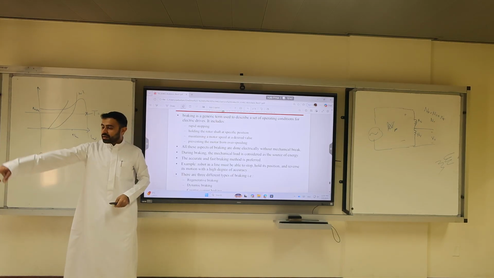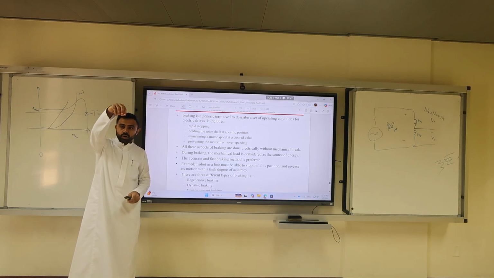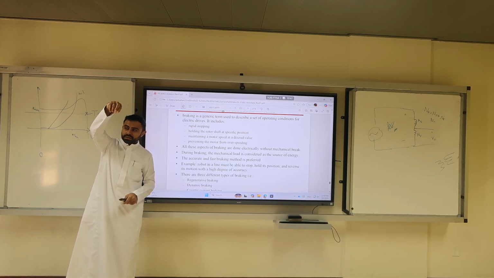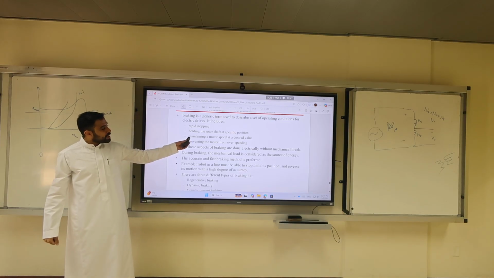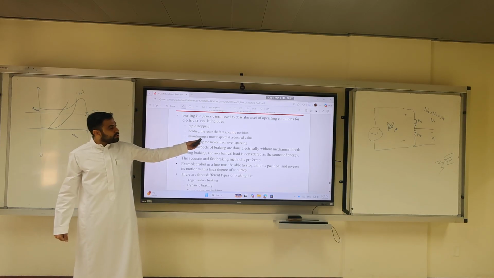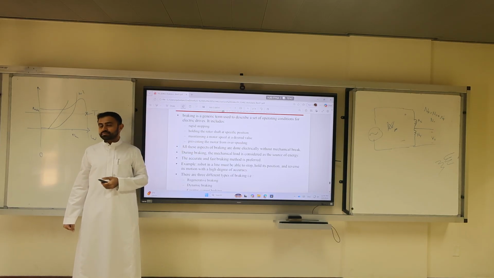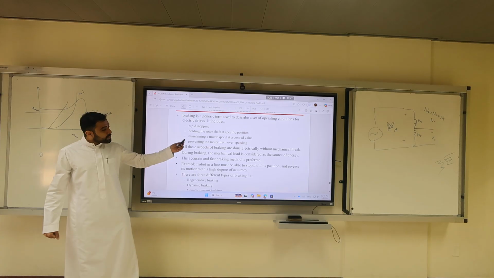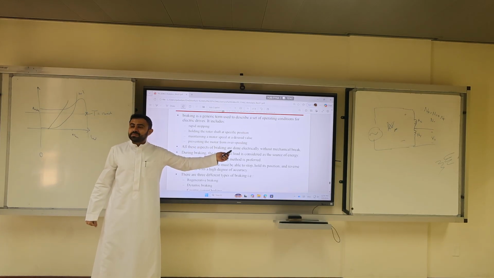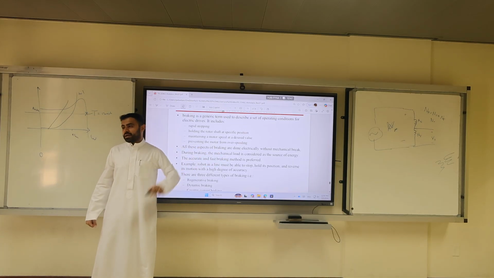When the crane carries a load and holds it, is the crane operating in braking mode or non-braking mode? Brake. This is also considered braking. The third application is maintaining a motor speed at a desired value. That's also braking. Preventing the motor from overspeeding is also braking.